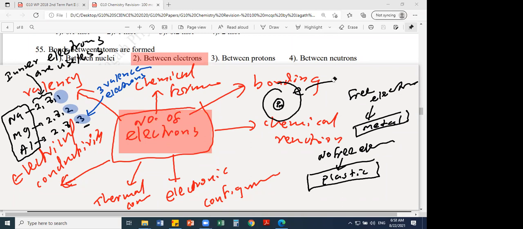Even when forming ions, to predict the charge of the ions, electrons are important. Whether it's positive ions or negative ions, by losing electrons or by gaining electrons, ions are formed. Positive ions or negative ions, cations and anions. Even for that, you need the electron balancing.